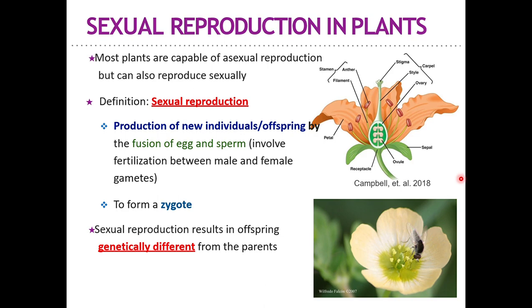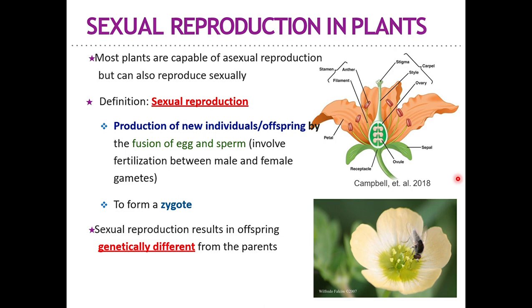Now we will learn about sexual reproduction in plants. Most plants are capable of asexual reproduction, but they can also reproduce sexually. The definition of sexual reproduction is the production of new individuals or offspring by the fusion of egg and sperm, which involves fertilization between male and female gametes.